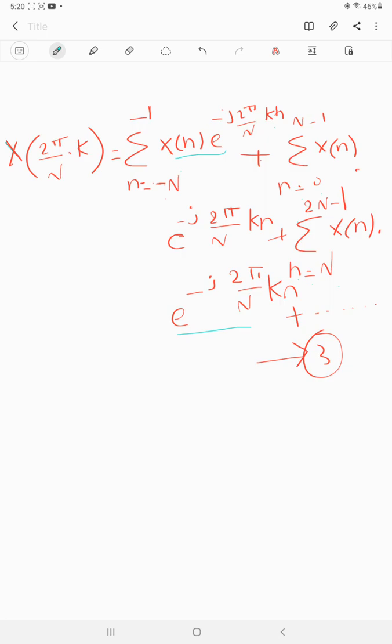Now this equation is the expanded version of the above equation. Then equation 3 will be written in this form.